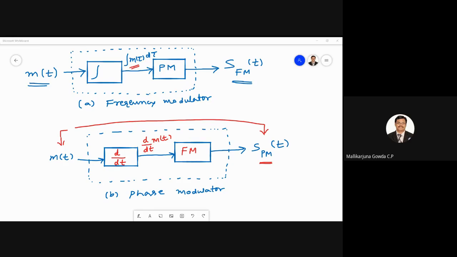Okay, you should be able to say that an FM wave corresponding to the message signal m(t) is also the phase modulated wave corresponding to the integral of m(tau) d tau. You should say in that manner. Similarly, a PM wave corresponding to m(t) is the frequency modulated wave corresponding to the differentiation of the message signal.